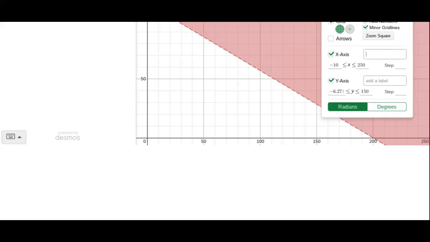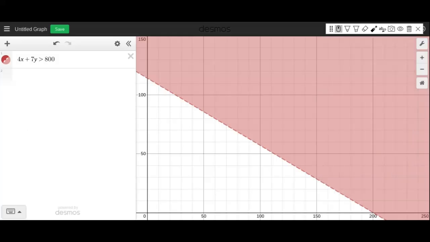You can also put a label in if you were going to submit this as a graph that you wanted to share with someone else, so they knew what the x and y variables represented. For now, I'm going to leave this alone. Basically, it takes the graphing aspect out for us, so we don't have to do that ourselves, but now we can take a look at solutions.